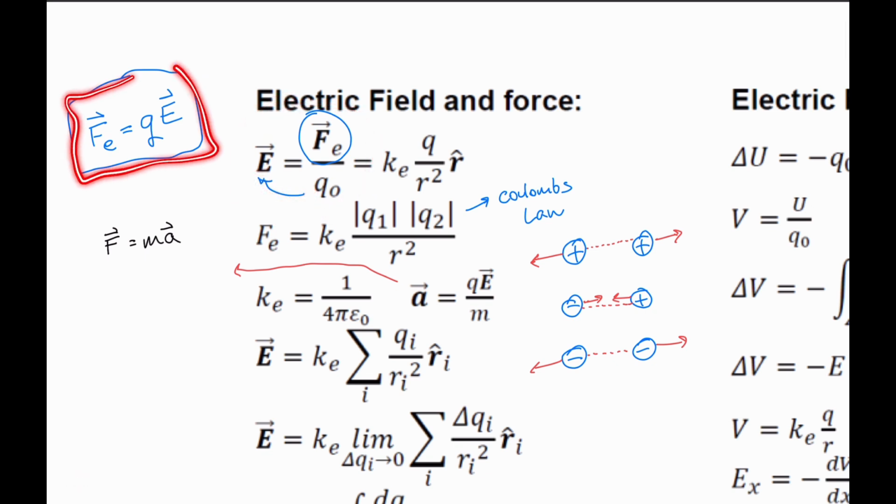And it is a very important equation. Why is it important? Because we can take this force and plug it into Newton's second law, and we get QE, I'm going to put a vector, is equal to MA. Okay?